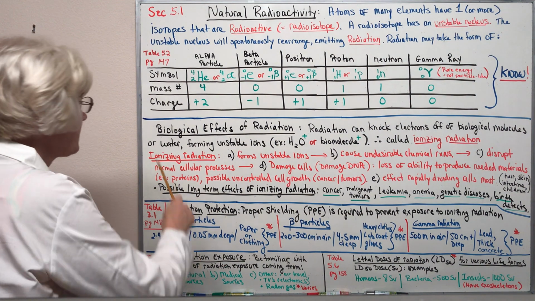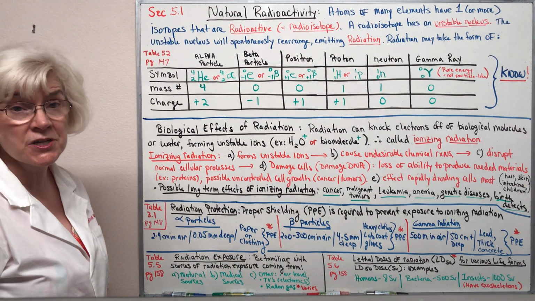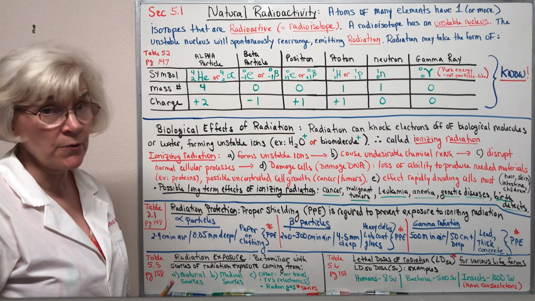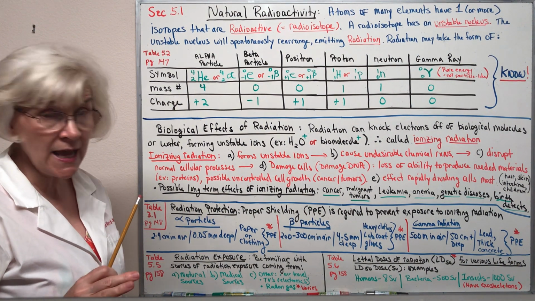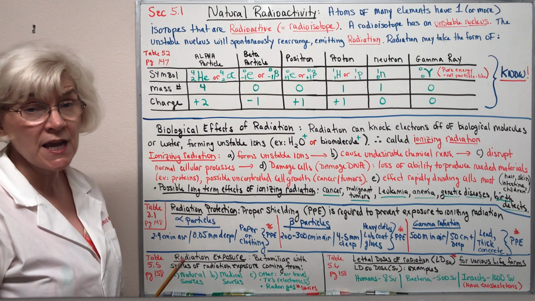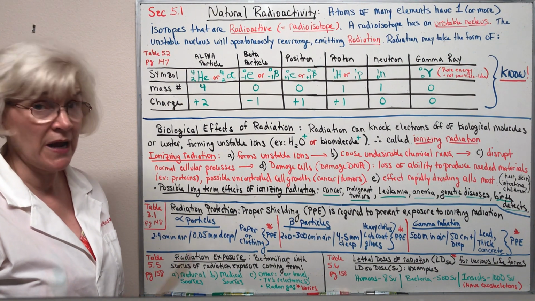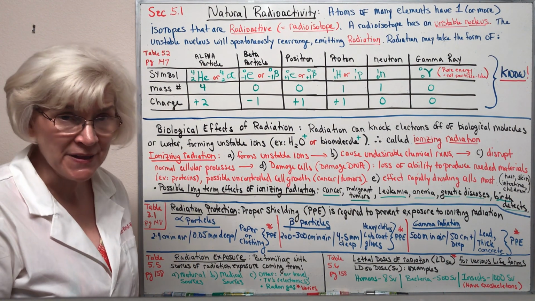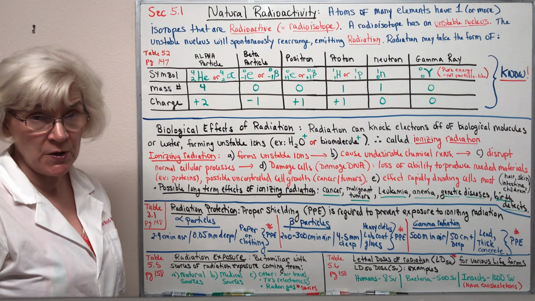You also see on page 147 a discussion of the biological effects of radiation. Most of us are aware before we even take any chemistry classes that exposure to radiation is not good for us biologically. What exactly is happening when we get exposed to radiation?